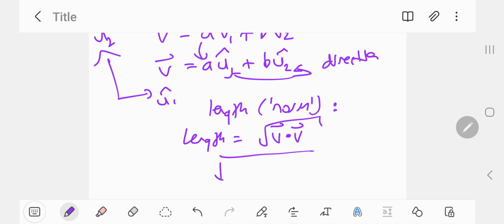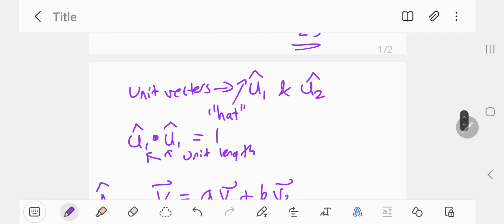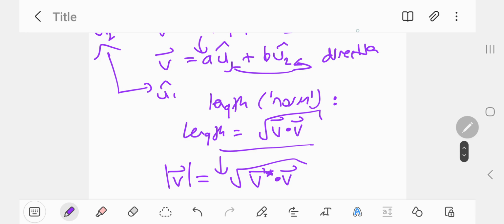As such, we need to redefine this as follows. The absolute value of the vector v is the square root of v star dotted with v. This star means take the real and positive part of the vector, which could even be 0.